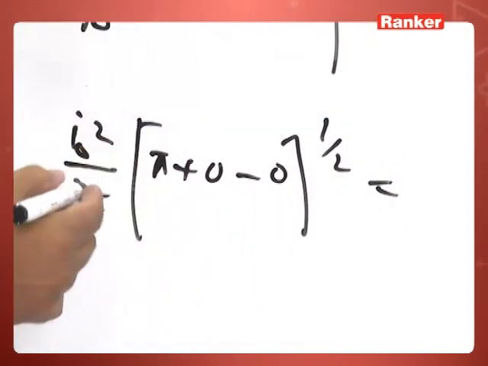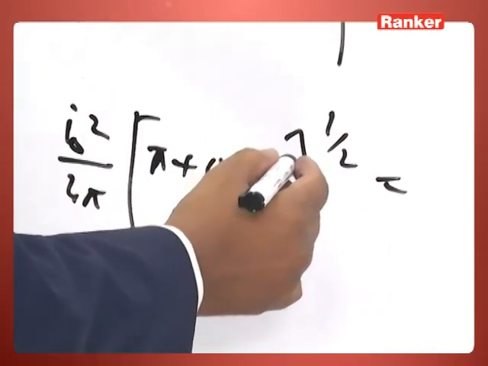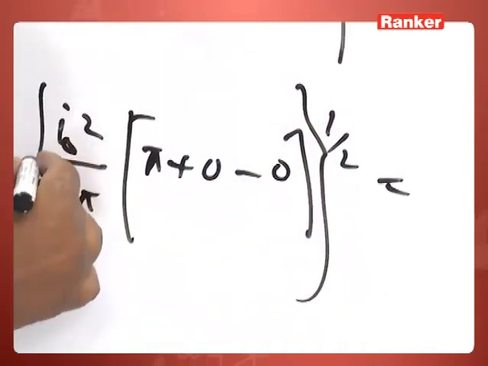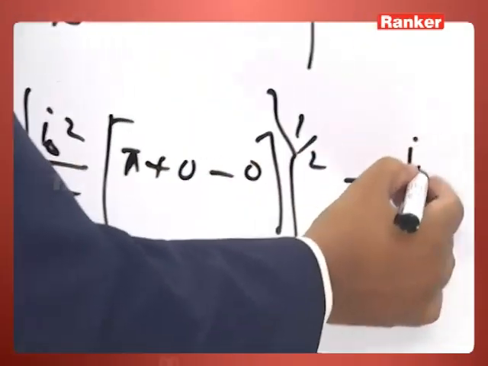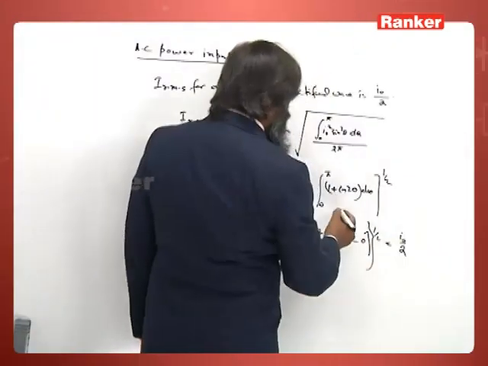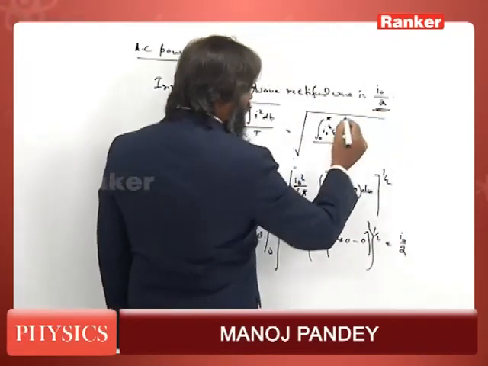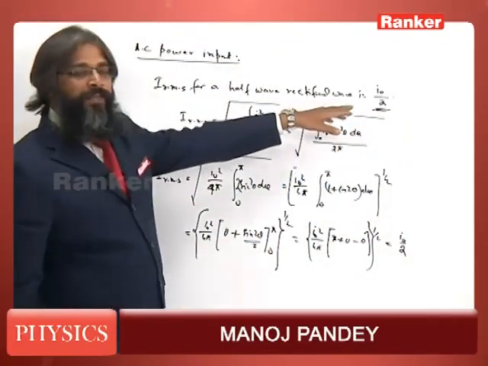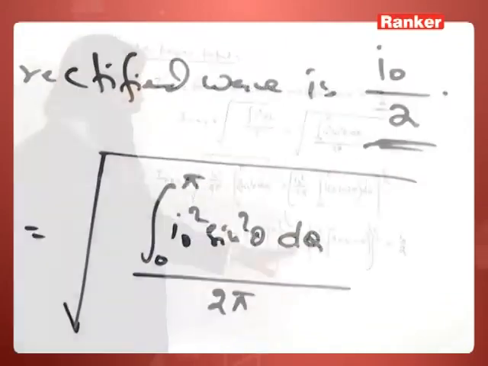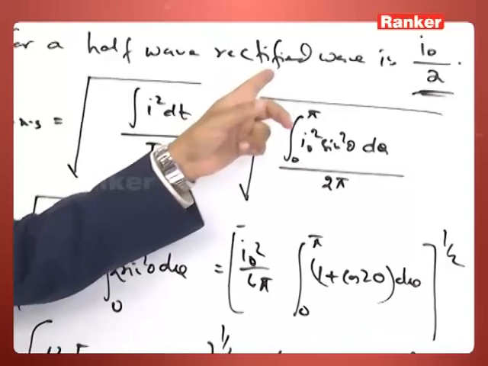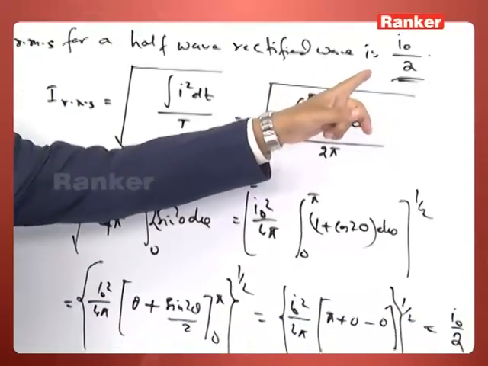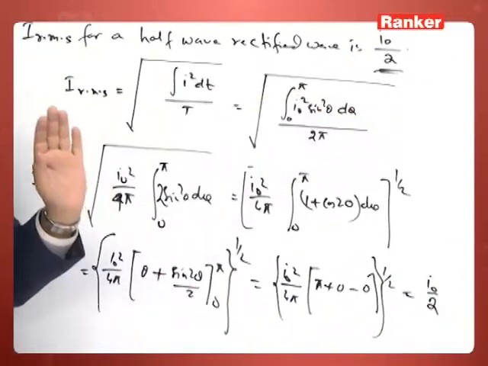So you see pi cancels, with the total power half, so we get only I naught by 2. If you know it, directly you can write it, otherwise we have to calculate in this way. So the RMS value for a half wave rectified wave is given by I naught by 2.